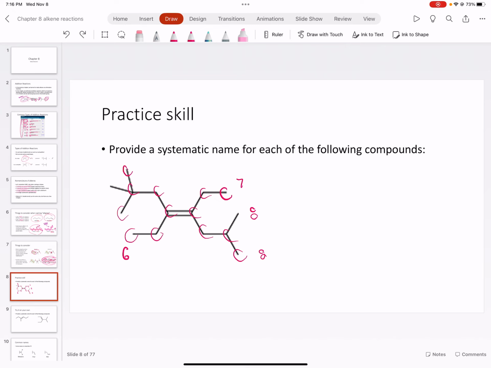So we're going to try to find the longest sequential chain that contains a double bond. We can either pick this one, 1, 2, 3, 4, 5, 6, 7, 8, or we can pick this one, because they end up being the same overall.